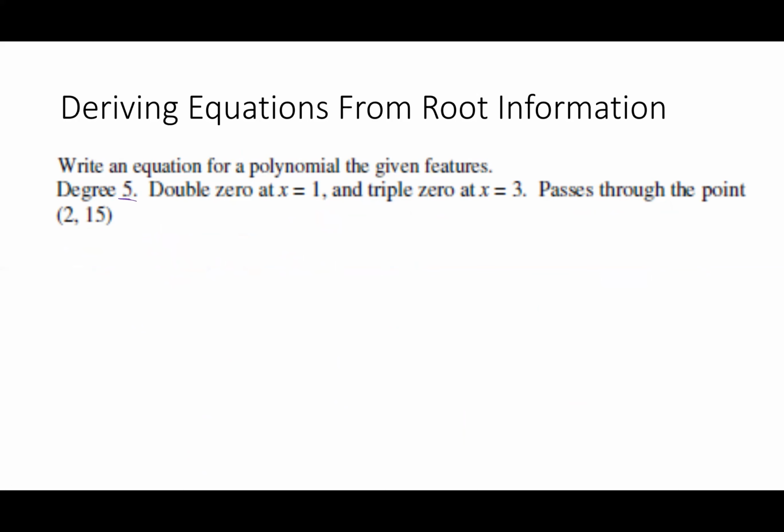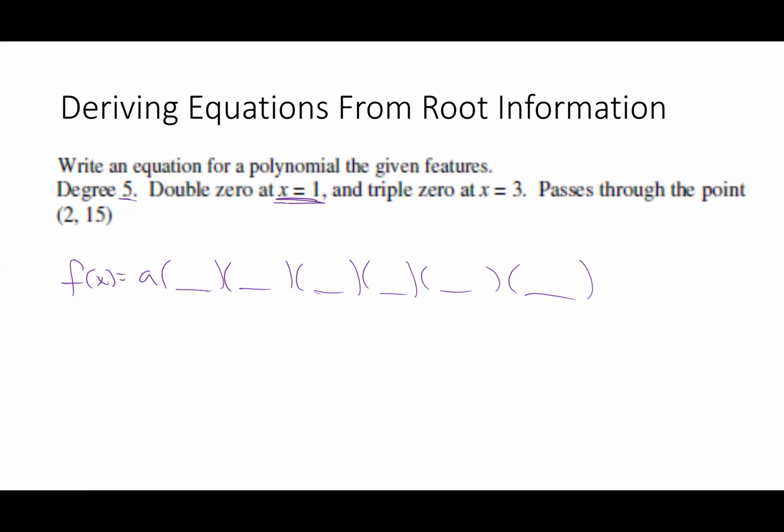So we know that the polynomial is of degree 5. Since we have a polynomial of degree 5, another way you could think about this is I'm going to have 5 factors. Now I may have some that are repeated, which is okay.